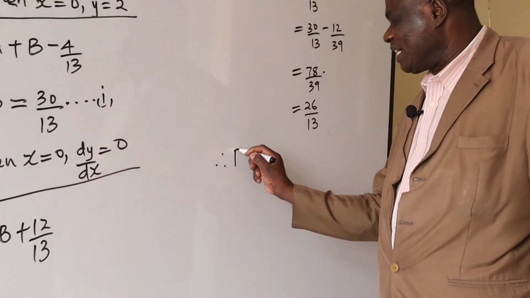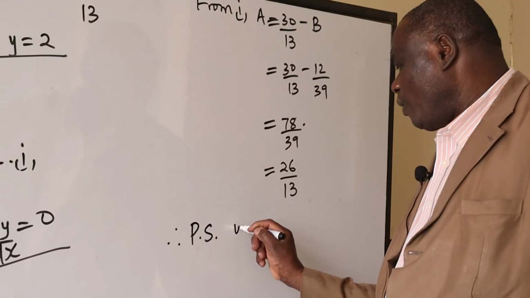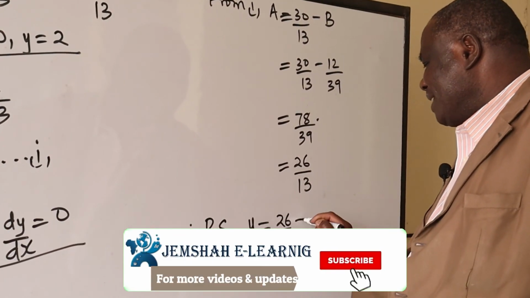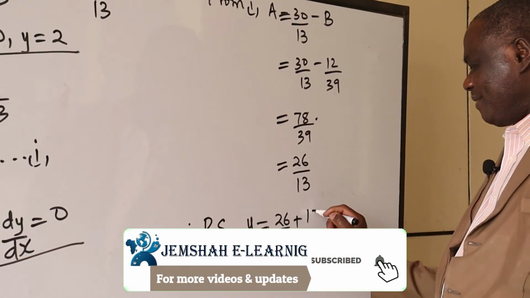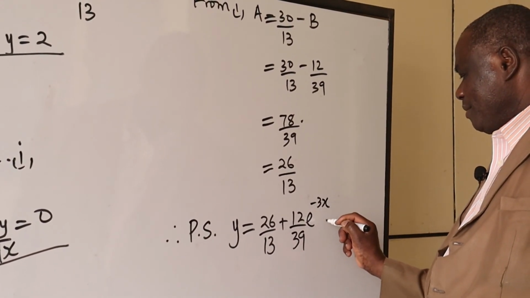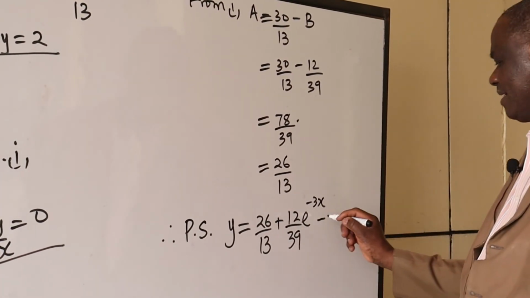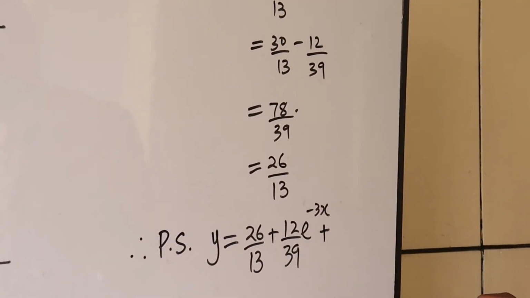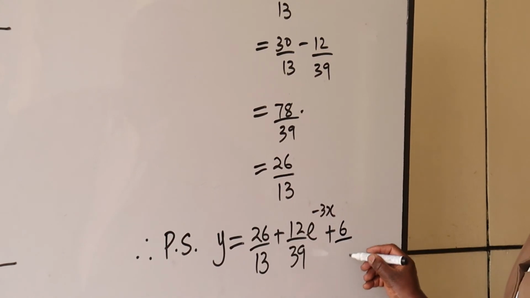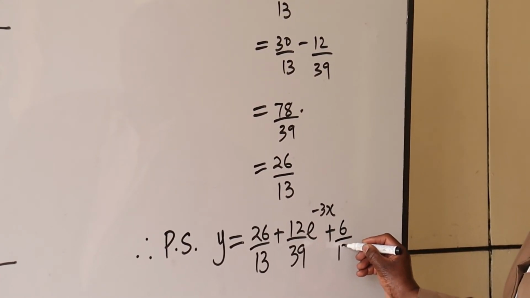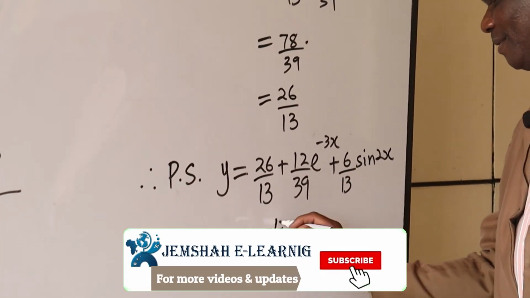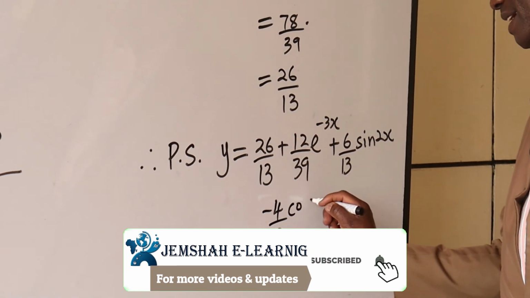Therefore, the particular solution y will be equal to a, 26 all over 13, plus b, 12 over 39, exponential negative 3x, plus 6 all over 13 sine 2x, minus 4 all over 13 cos 2x.